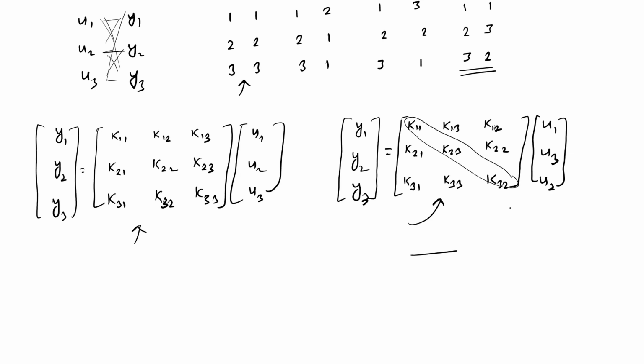We'll have to see. So the point is, for every pairing, the K matrix corresponds to that pairing, and so what occurs on the main diagonal varies from pairing to pairing.